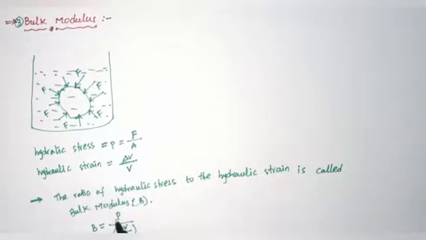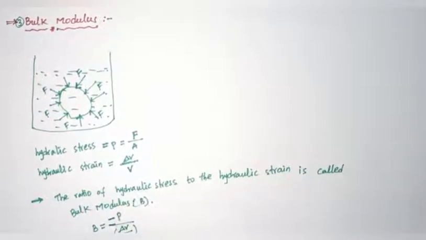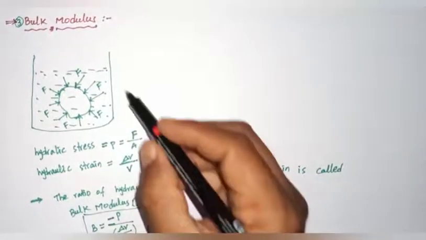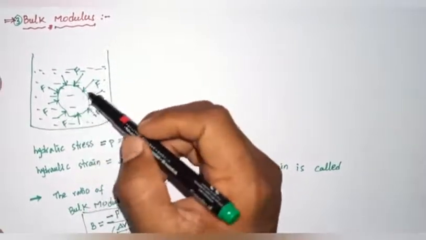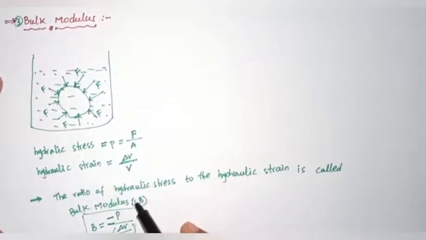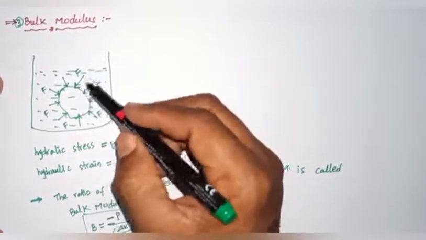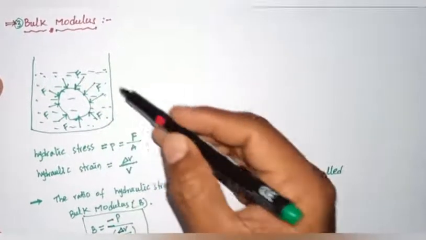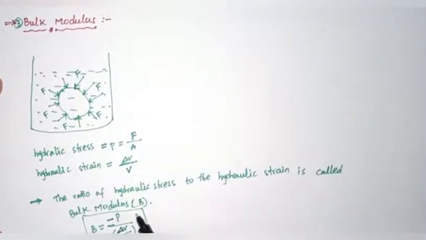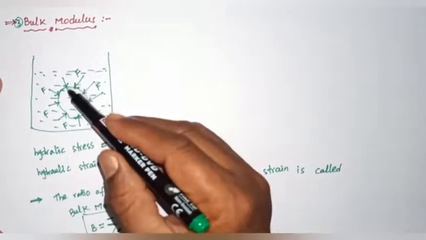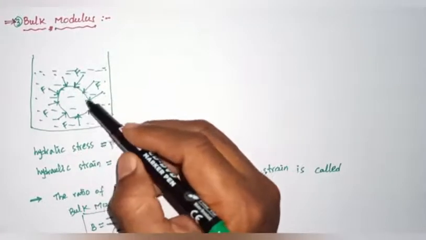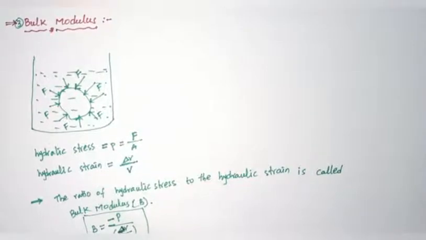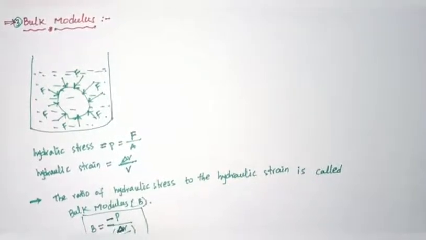Here a negative sign is taken. Why is the negative sign taken? When pressure is applied, the force is applied, the pressure is positive. But here the volume decreases, and the decrease is denoted with a negative sign.